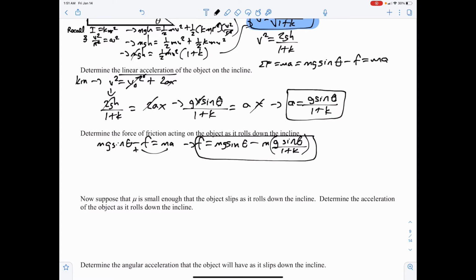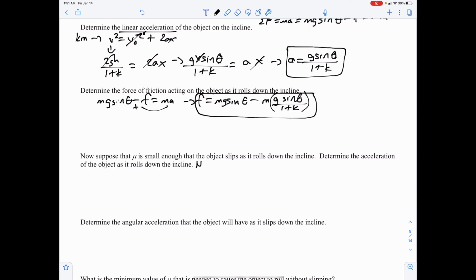Okay, so we're going to use Newton's second law again. So causing force minus opposing force equals ma, which would be mg sine going downhill minus friction equals ma.